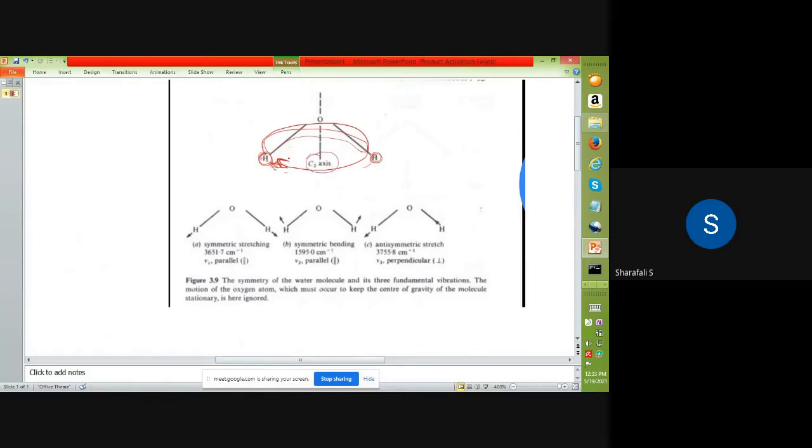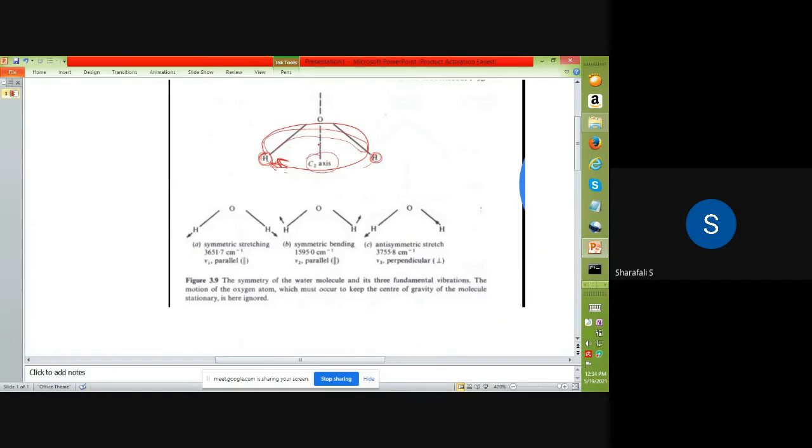If you rotate it by 180 degrees, it will have the same kind of structure, the same physical form, which means that with respect to that center axis, on both sides we have hydrogen at the same position.